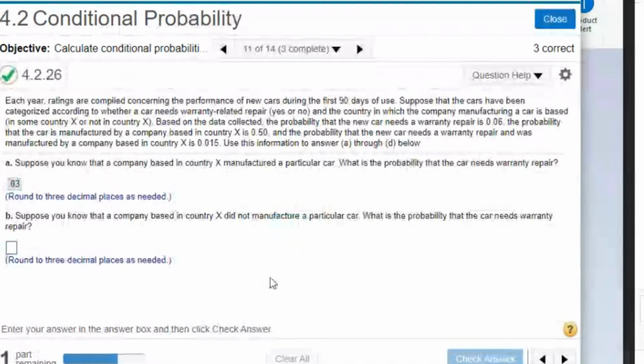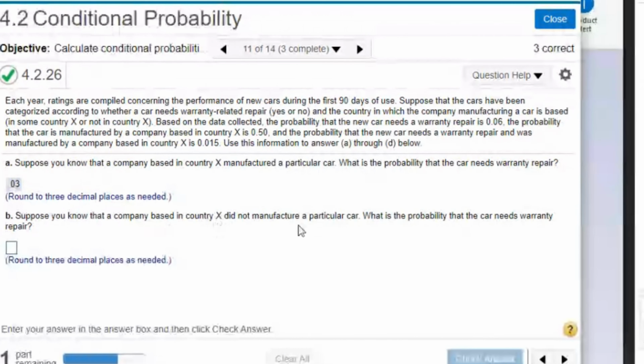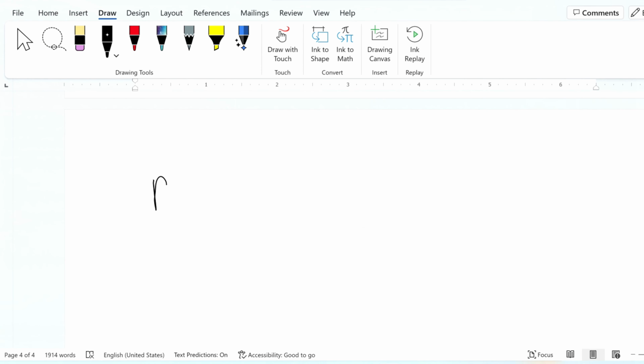Then we have another part to this question, B. Suppose you know that a company based in country X did not manufacture a particular car. What is the probability that the car needs a warranty repair? Okay, so that's given country X prime. So let's write out the formula first. It's written as P, the probability of yes given X prime.